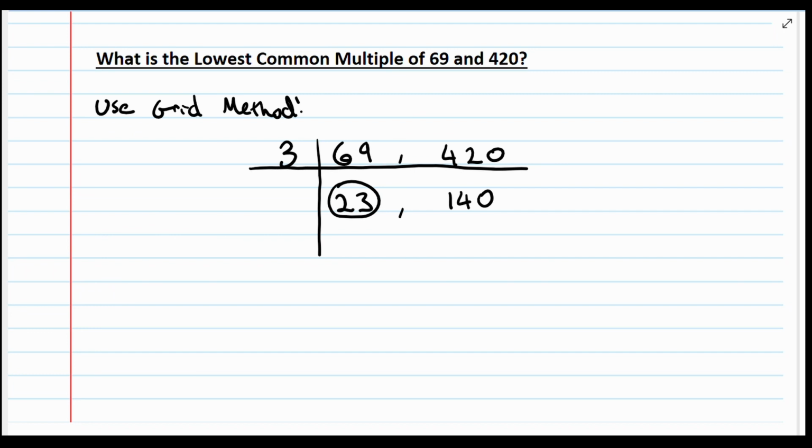Because 140 is the only number involved, you would want to divide it by 140, because remember, the goal is to change those two numbers, 69 and 420, into either a prime number or the number 1, if you can.